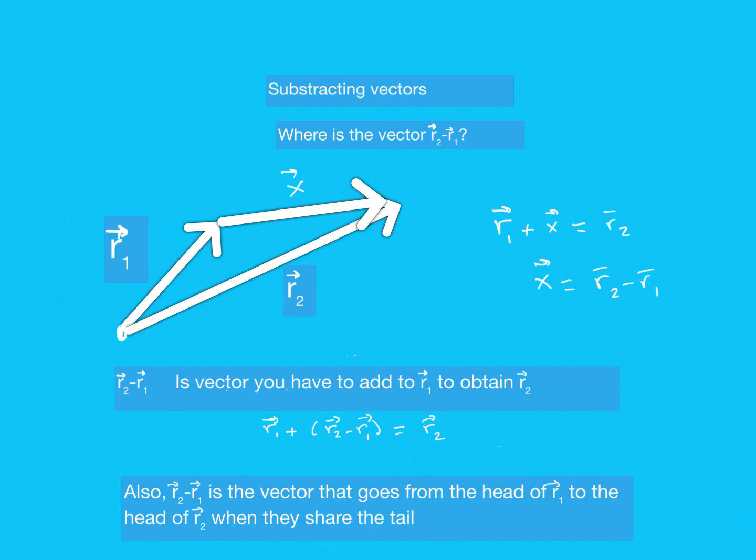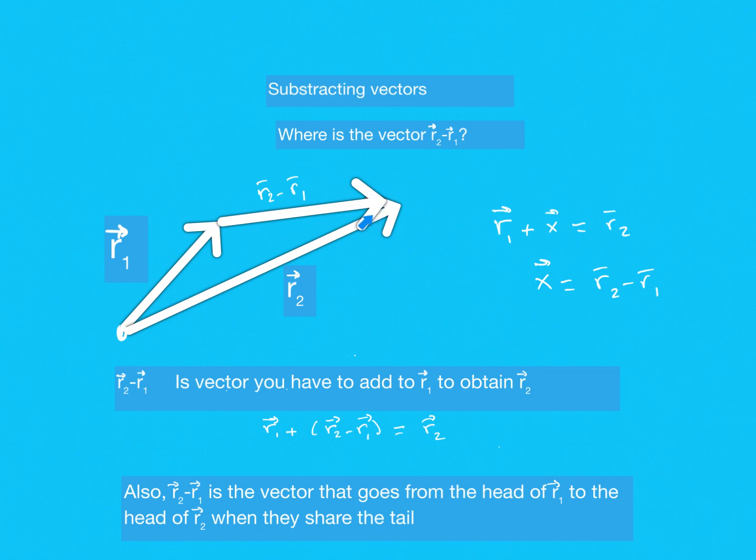So now I have learned that this is the vector R2. This one is R2 minus R1. Okay. And knowing that this is the vector R2 minus R1, I learned the following thing. The vector R2 minus R1 is the vector that goes from the head of R1 to the head of R2.